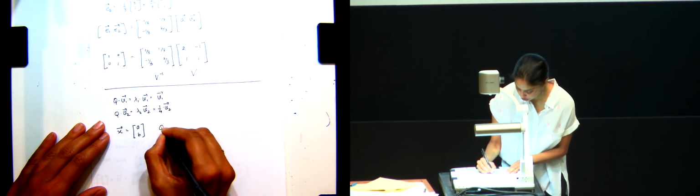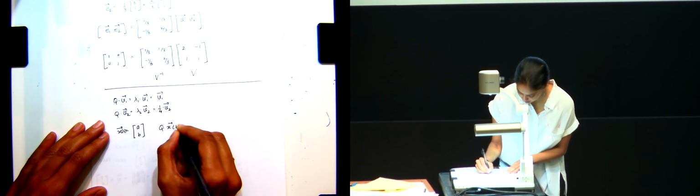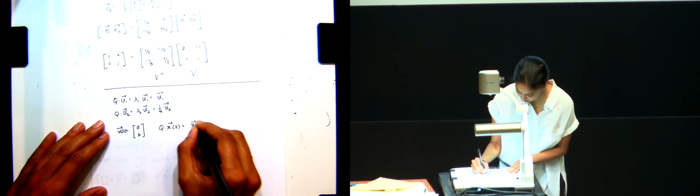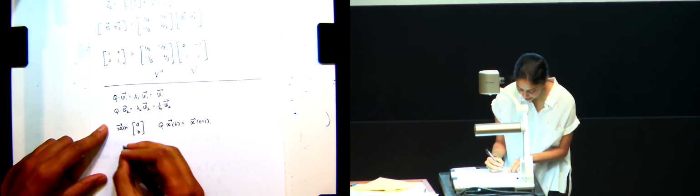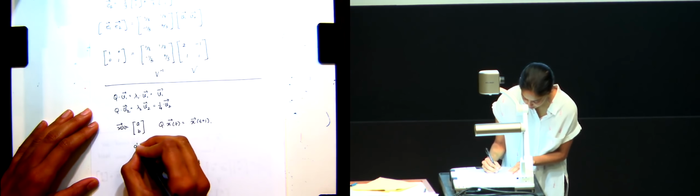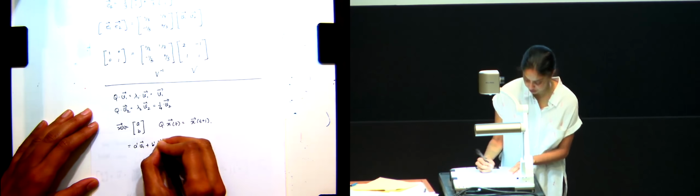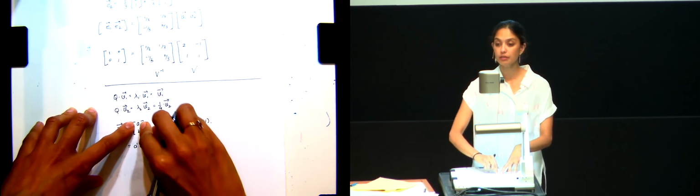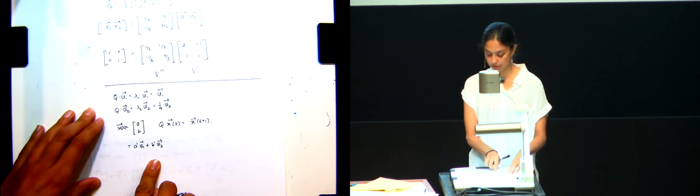So if I take Q times x of t, that is equal to x of t plus 1. I know that a and b can be written as some a prime times v1 plus some b prime times v2, right? I know that any point can be written as its coordinates in v1, v2.